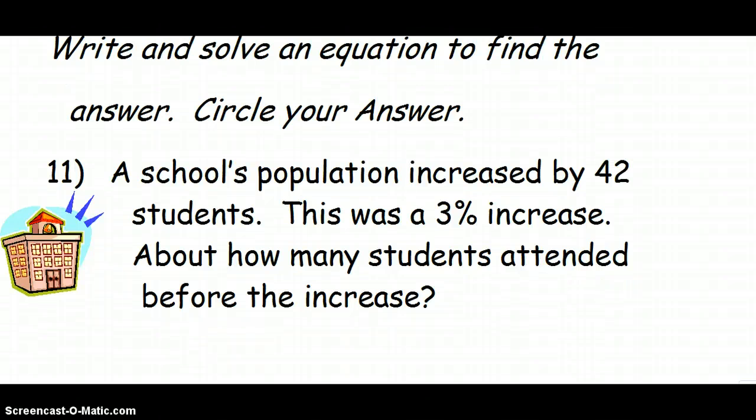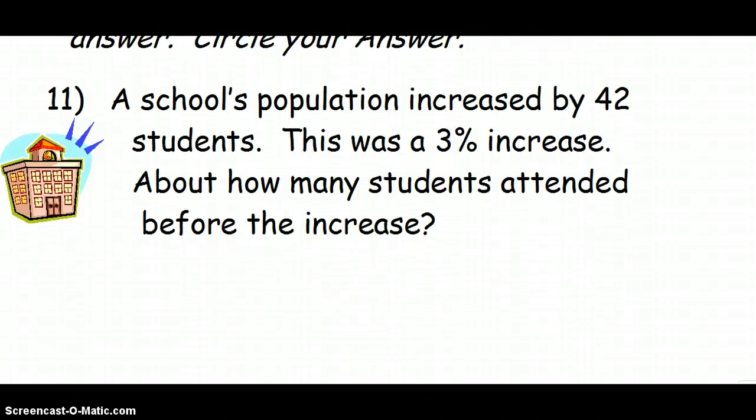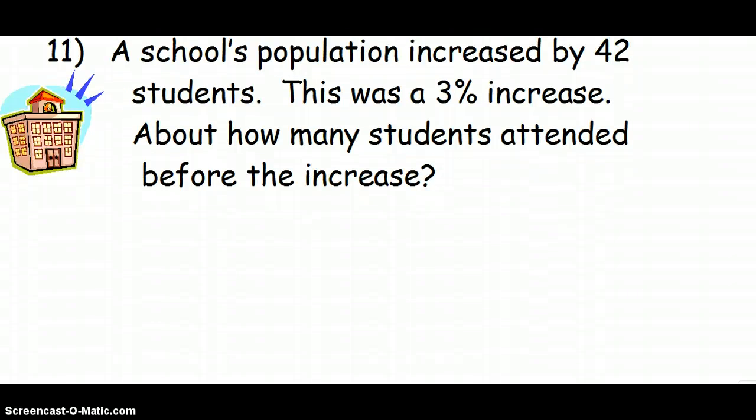Okay, write and solve an equation to find the answer. Circle your answer. A school's population increased by 42 students. This was a 3% increase. About how many students attended before the increase? Well, I know whatever the population was, that's what I'm looking for, so I'm just going to call that X. And if I multiply this by 3%, so 0.03, I'm going to get 42.